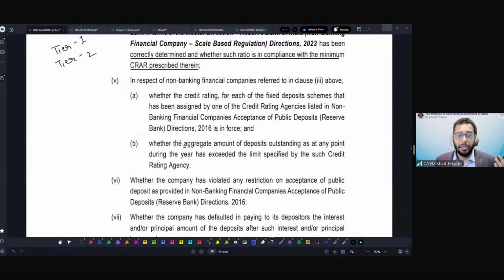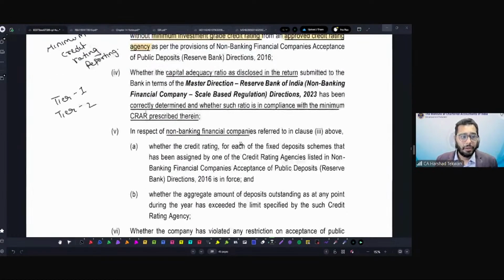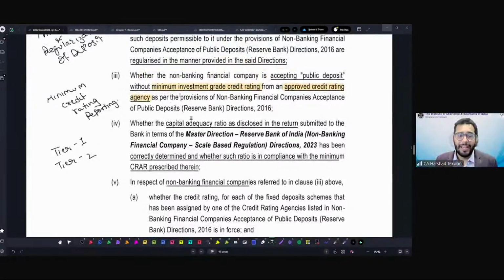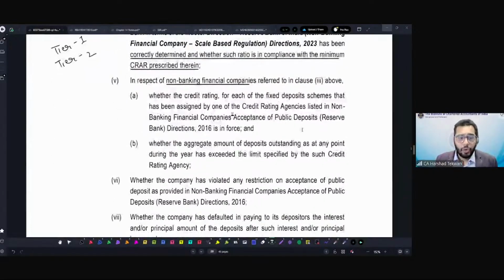Now again, in case of an NBFC that has a credit rating, the minimum credit rating that we discussed. In case of that particular NBFC which has accepted deposits and has the credit rating, we need to check whether that credit rating is in force. You might have seen that some agencies are changing the credit rating.